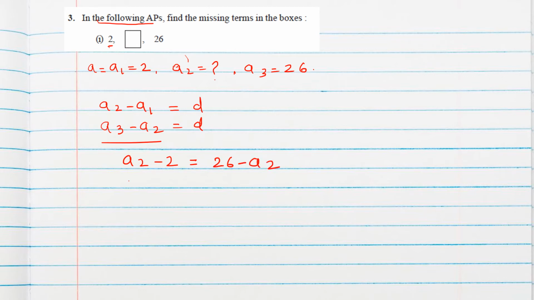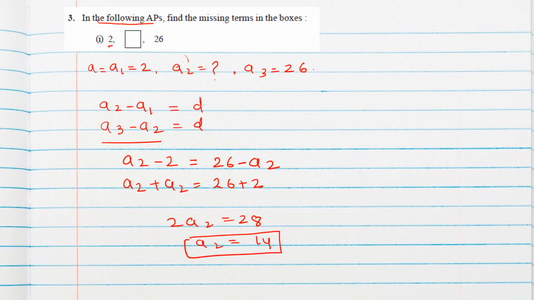Okay, so this A2 we can shift here, and this minus 2 we can shift to the other side. So 2A2 is 28, so A2 will be 14. Since both are the same, we can write A2 minus A1 is A3 minus A2, since the difference is the same. So in this step, you can substitute the A1 value and A3 value in the formula to get the value of A2.